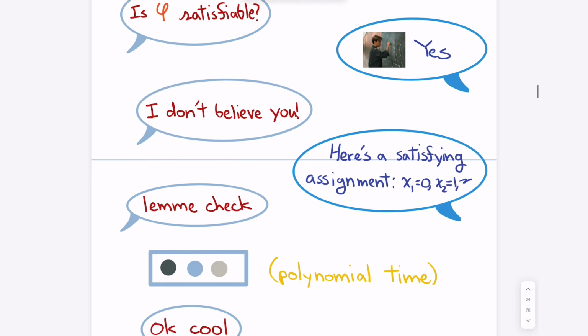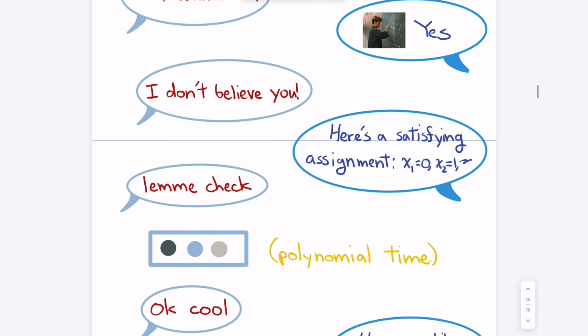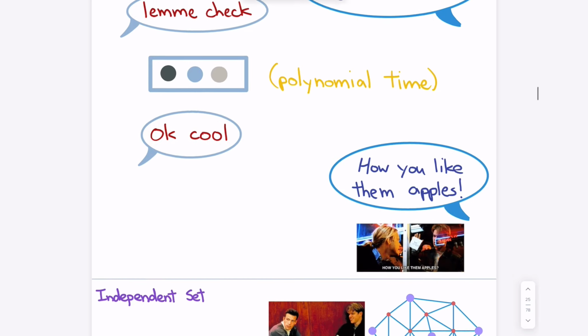But the high level idea is that when you're checking to see if your assignment is satisfying, and you spend some polynomial time thinking about it, there's some simple algorithm you can write. That itself is in principle a polynomial size circuit, right? There's some polynomial size circuit for verifying and checking the correct answer.